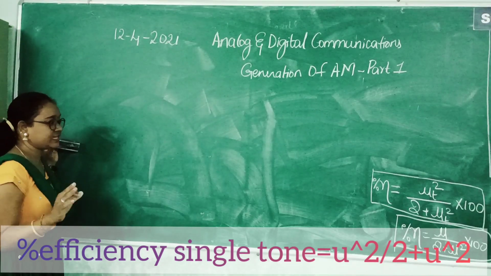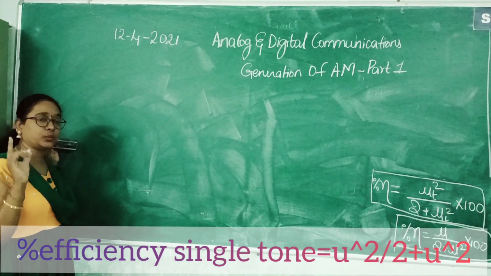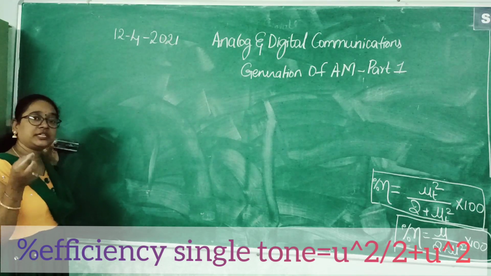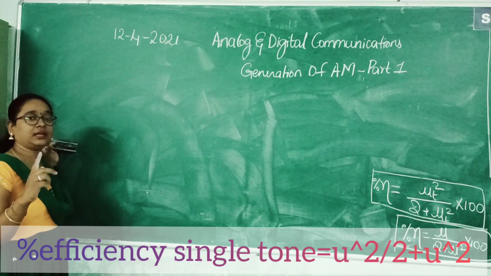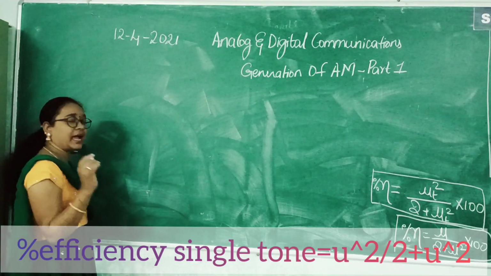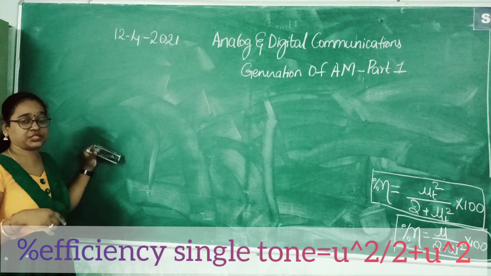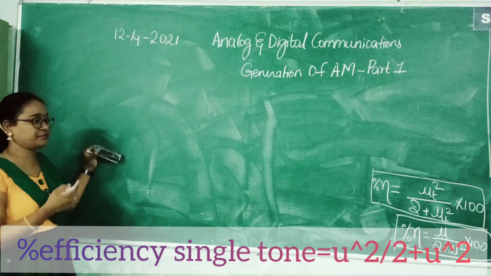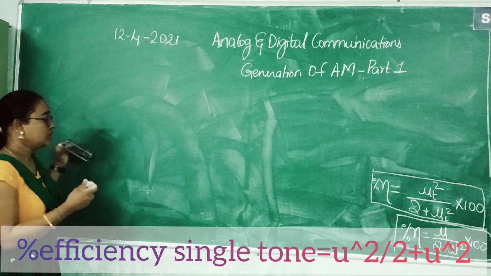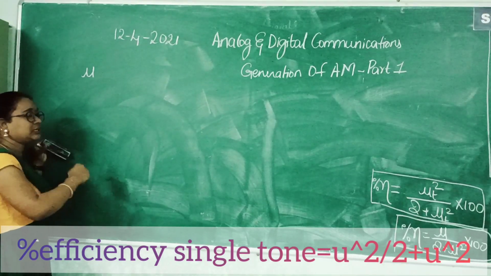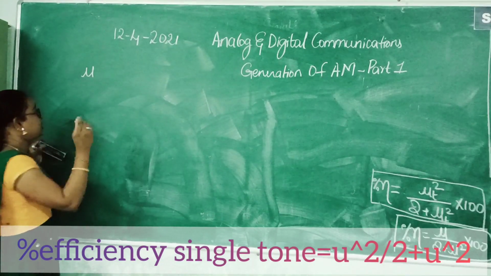Do the analysis for mu equal to 1. Modulation index we all know is Ka into Am, where Ka is the amplitude sensitivity. I already told in the previous sessions that we have a couple of formulas for modulation index. This modulation index plays a major role in the appearance of the amplitude modulation.